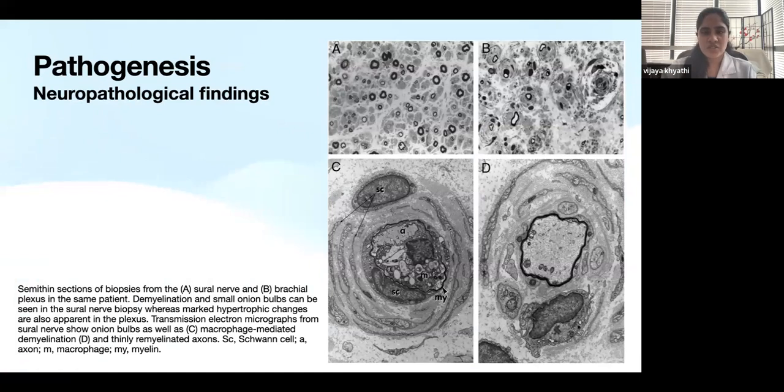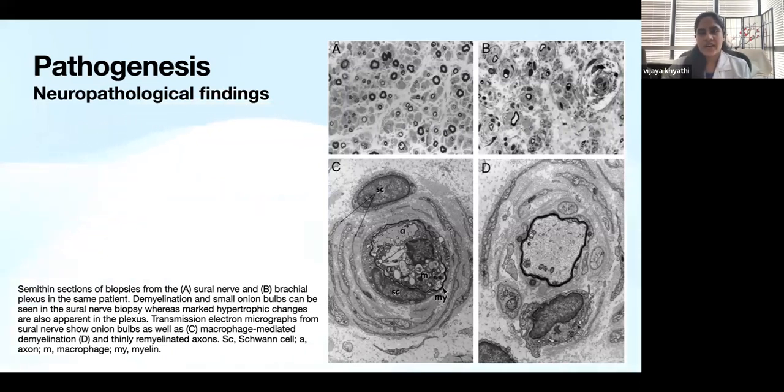This image shows the biopsy of the sural nerve and brachial nerve plexus of the same patient, where we can see demyelination and onion bulb formation in image A, and marked hypertrophic changes in image B of the brachial plexus.